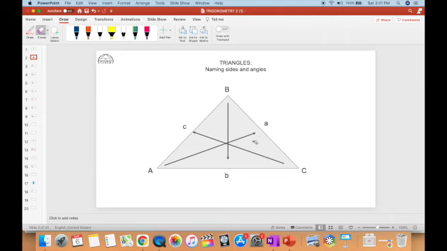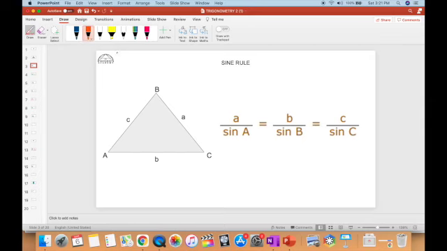The first rule that we're going to deal with is the sine rule. Take a look at the sine rule.